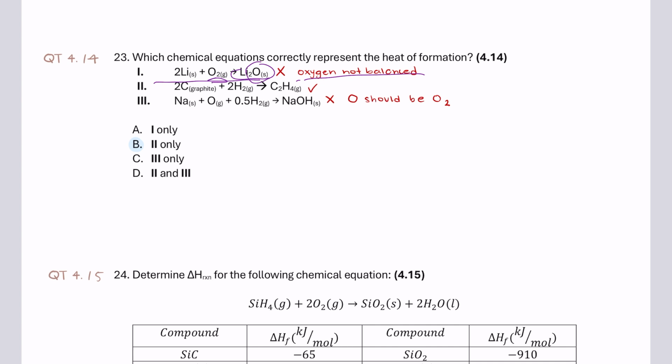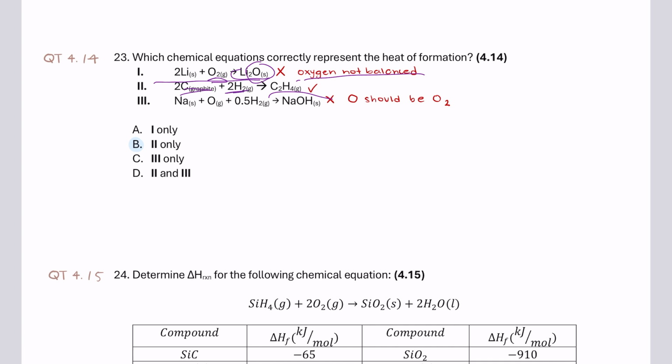Now looking at equation 2, we have 2 carbon atoms in the graphite form, which is the standard state of carbon, and 2 hydrogen gas molecules. This is also the standard state of hydrogen. These react to form 1 mole of ethylene gas, C2H4.